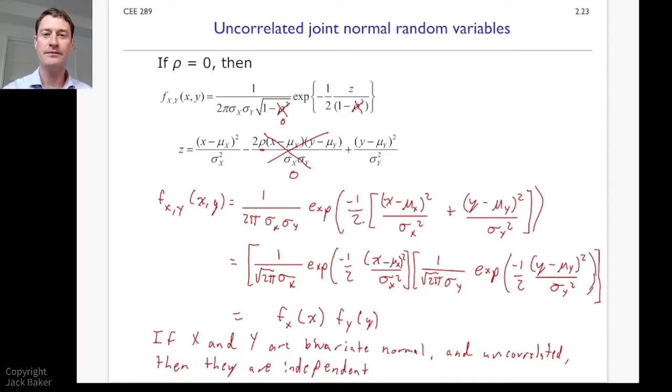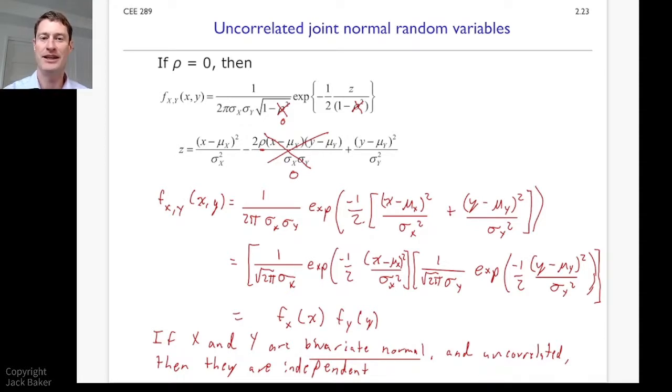Okay? So that's a great property. And that's not true in general, right? X and y have to be bivariate normal for this to hold, and uncorrelated. If x and y are just uncorrelated, it's not necessarily the case that they're independent.